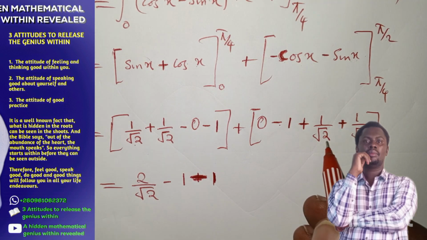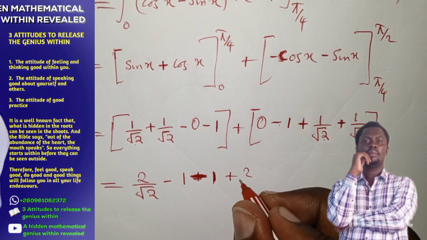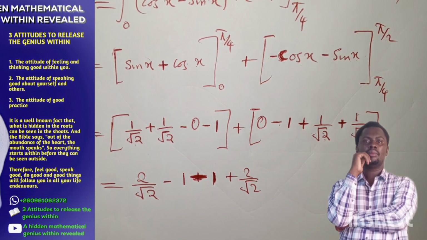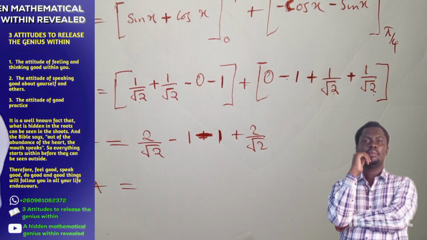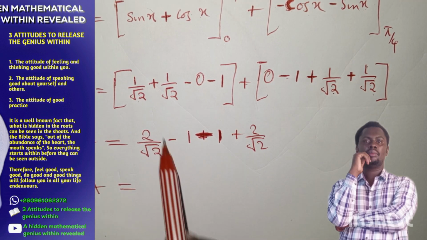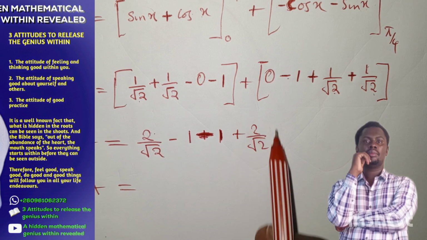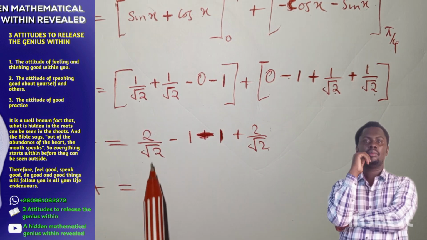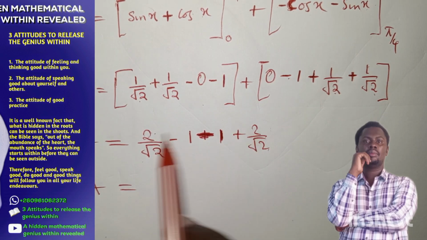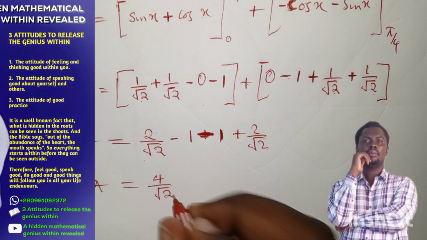Then 1 over square root of 2 plus 1 over square root of 2. You get 2 over square root of 2. So area is equal to 2 square root of 2 over square root of 2 plus 2 over square root of 2. Since we have same denominators, you can just add the numerators. So that is 4 over square root of 2.